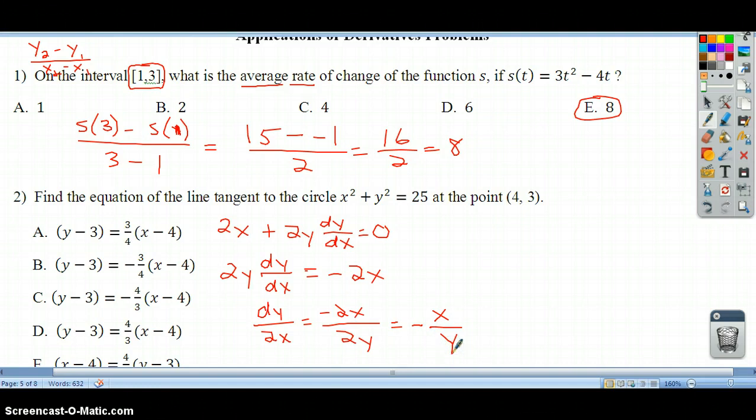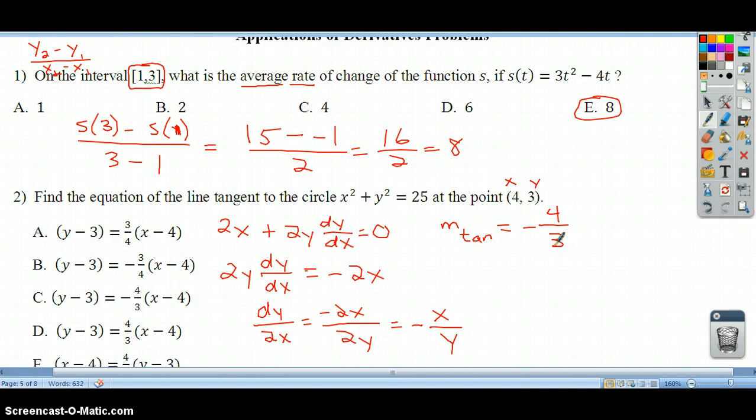Okay? So we don't have a slope yet. We have a derivative, right? So we're going to plug in our x and our y value. All right, so we have negative 4/3. So the slope of the tangent line is negative x over y, so negative 4 divided by 3.